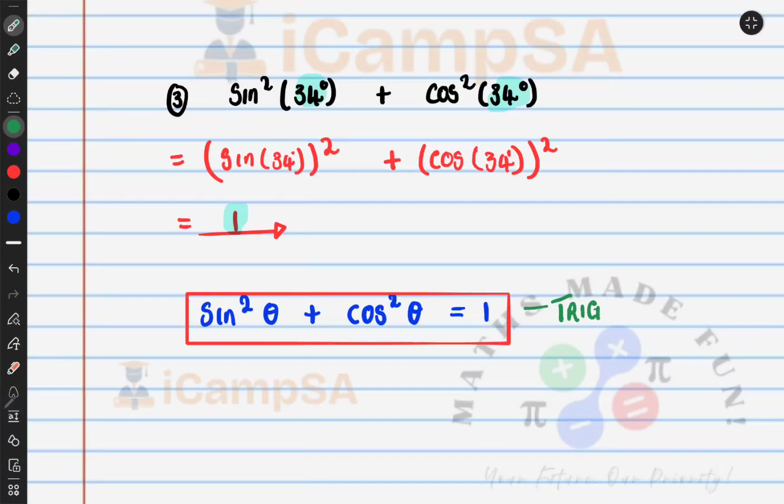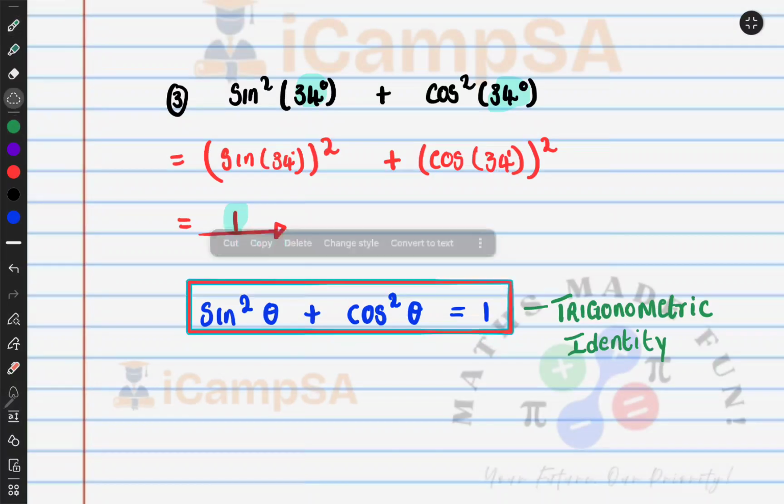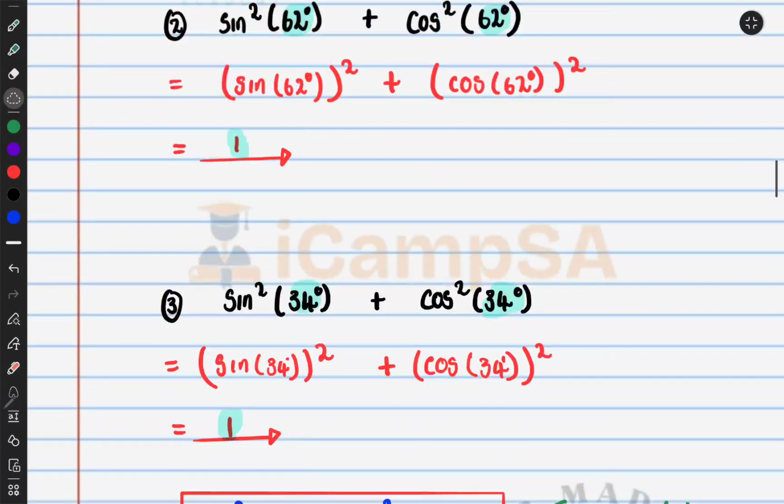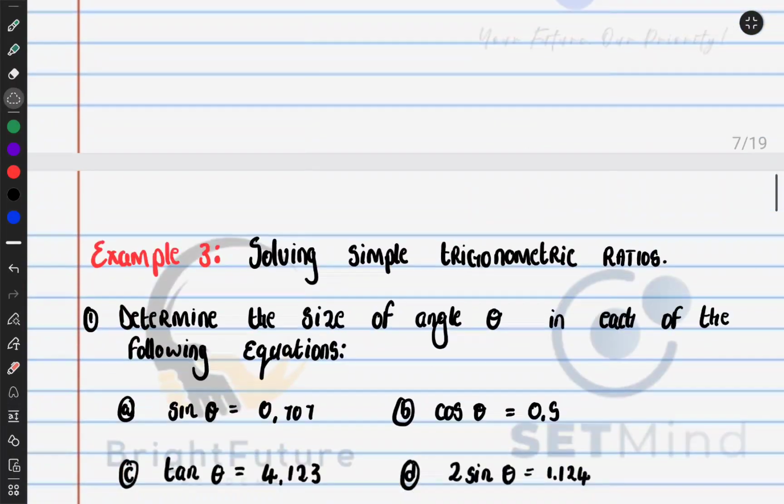So this is a trigonometric identity. Sine squared theta plus cos squared theta is always going to be equal to 1. Okay, so that is how you go about solving those.